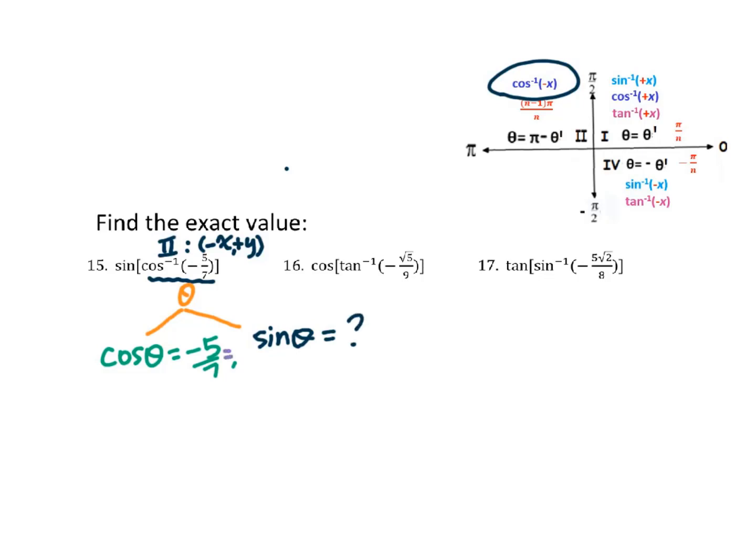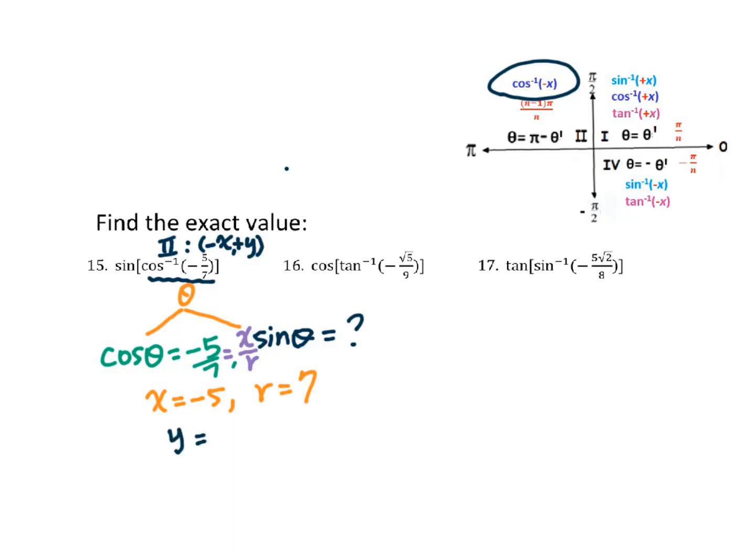So we label cosine theta equals negative 5 over 7, which means x over r. Then we figure out x equals negative 5, r equals 7. Then we're looking for y.